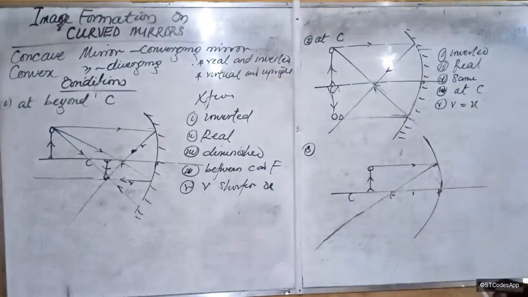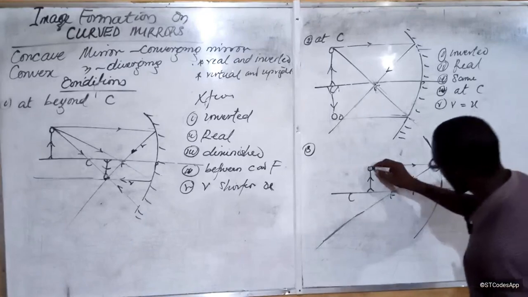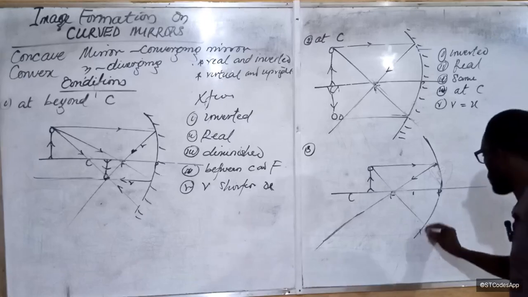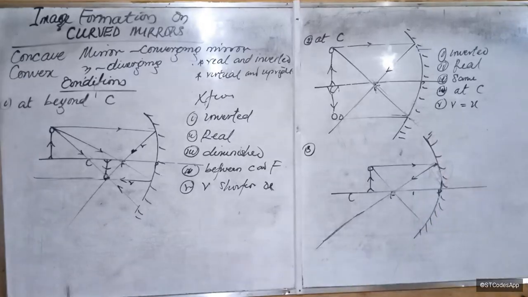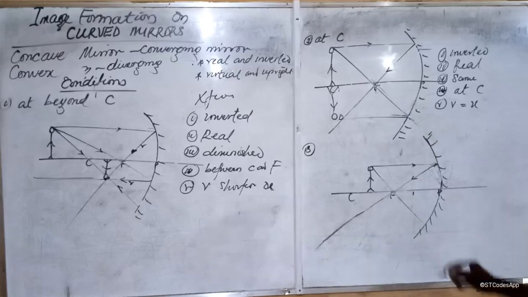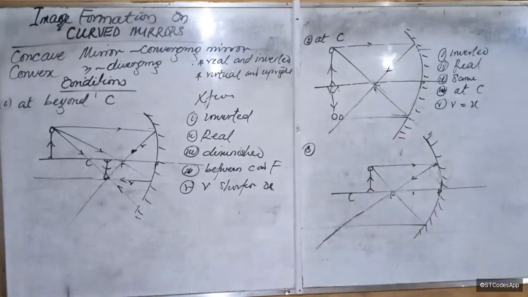All right. The other rule says that if a ray is incident through the focus, it will be reflected in a direction that is parallel to the principal axis. So we're going to have this.